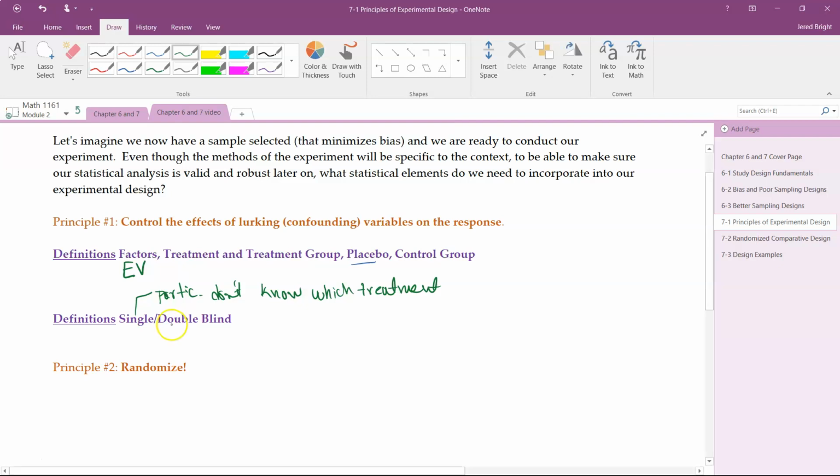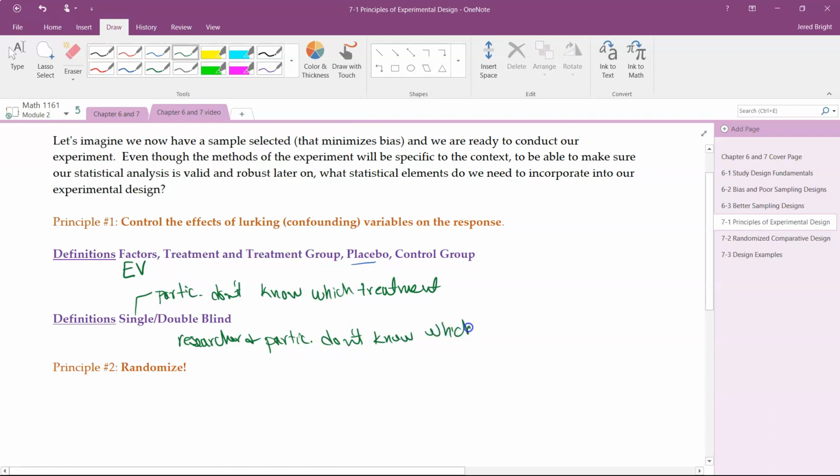Okay, a double-blind study or experiment would be where both the researcher and participant don't know which treatment.